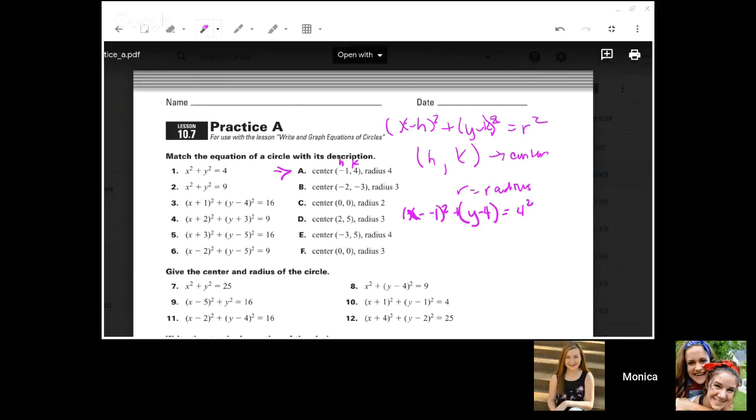You with me? Okay, so now X minus a minus 1 becomes X plus 1. And then that's just Y minus 4. And then 4 squared is 16. You don't want to leave it in this form. I want you to give it to me in that form. I want you to actually square the number and put the answer to that there. Okay.